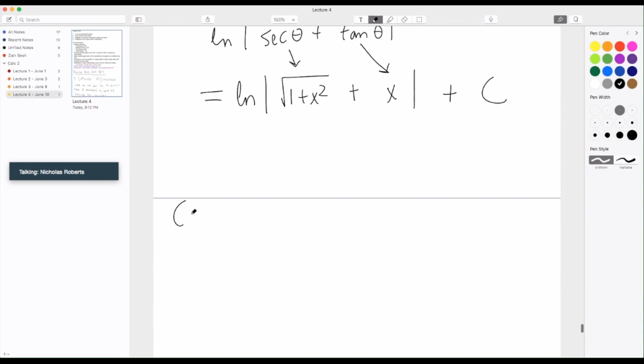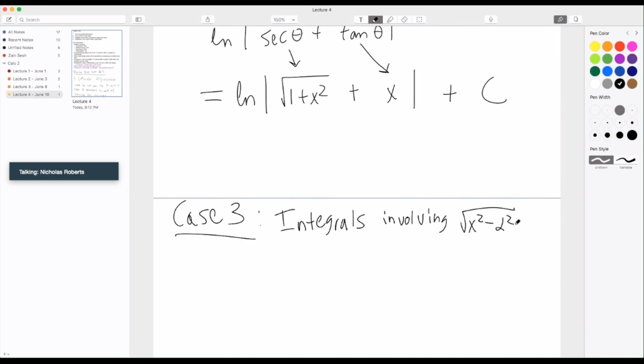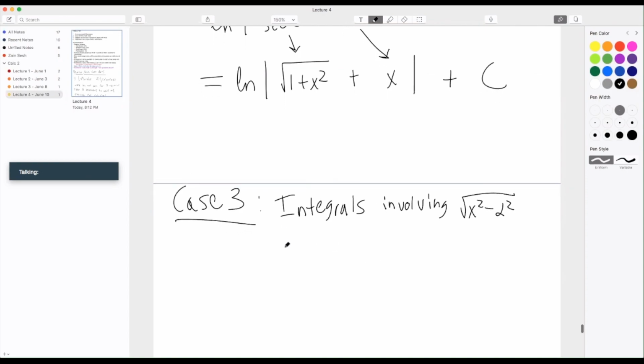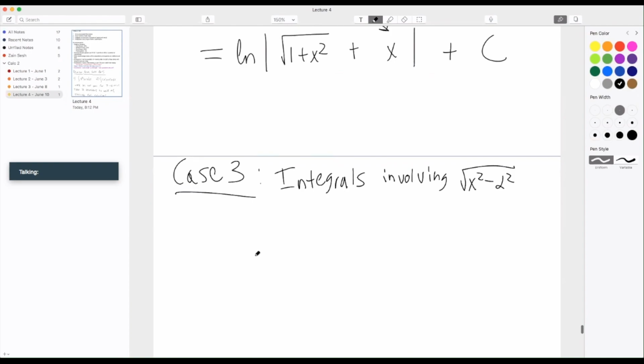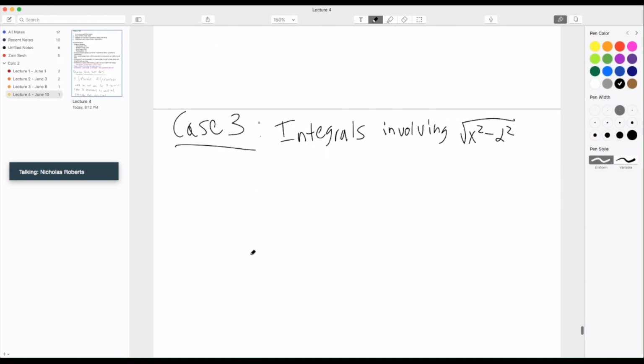Okay, case 3, third and final case. This is going to be integrals involving the square root of x squared minus alpha squared. What is the correct substitution here?